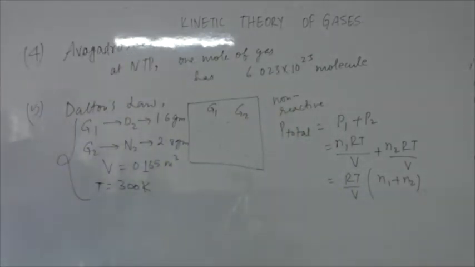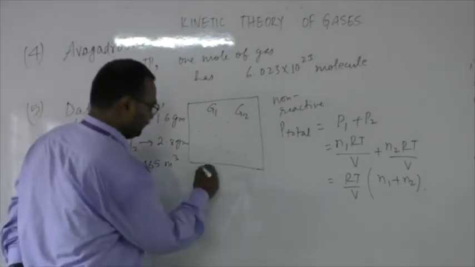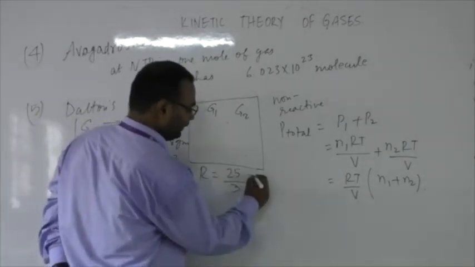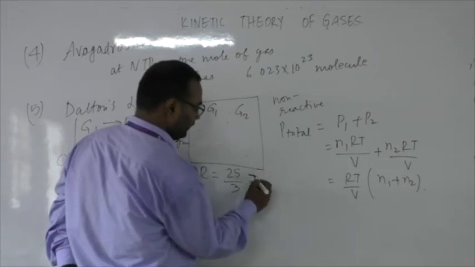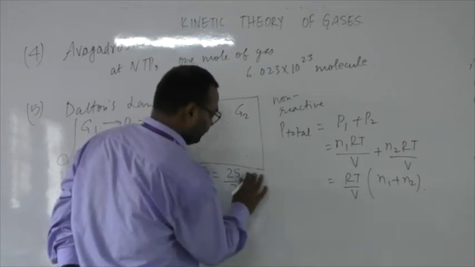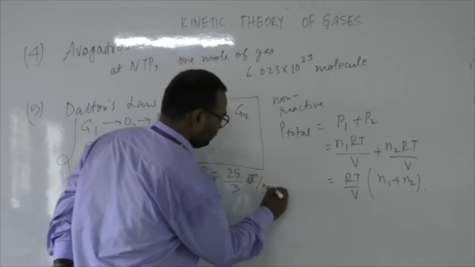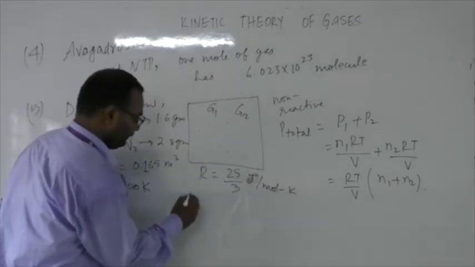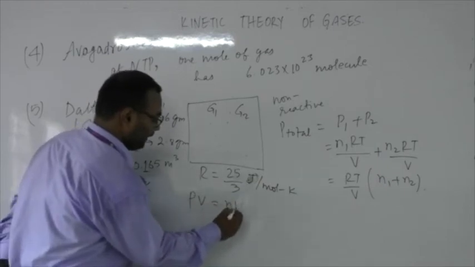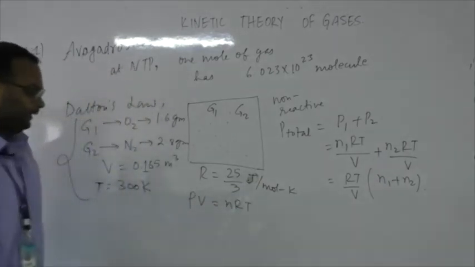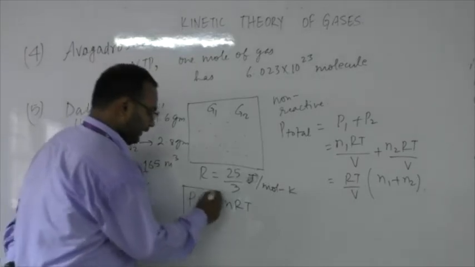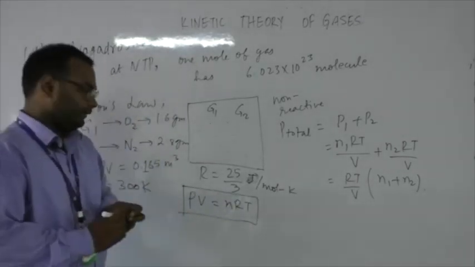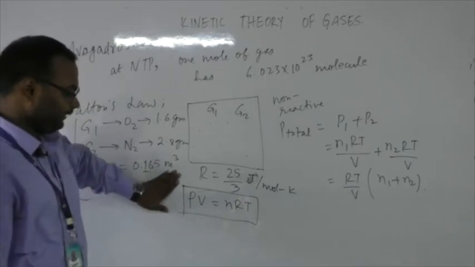R you will write as the value of R, 25 upon 3 joule per mole per Kelvin. Why? See here, PV equals nRT. If you know some thermodynamics, you know that the PV product will give you work, so joule per mole per Kelvin.